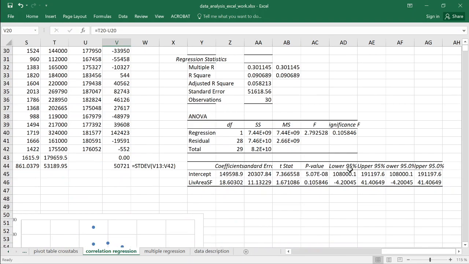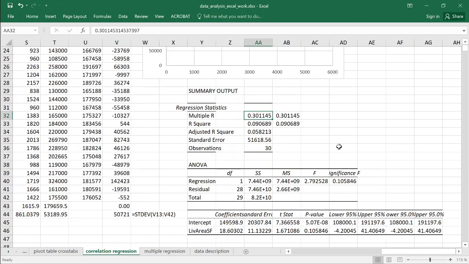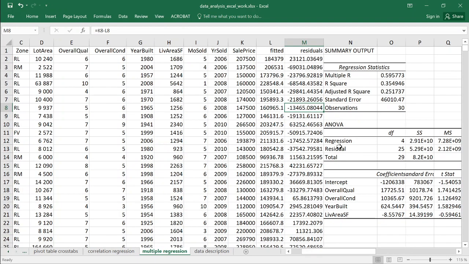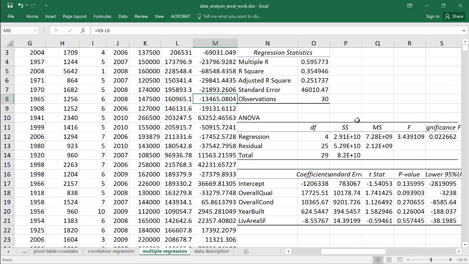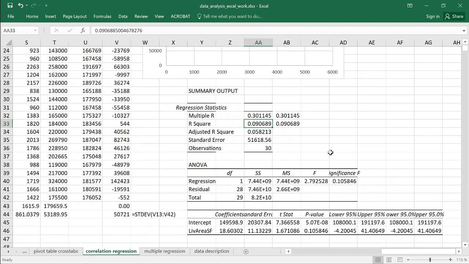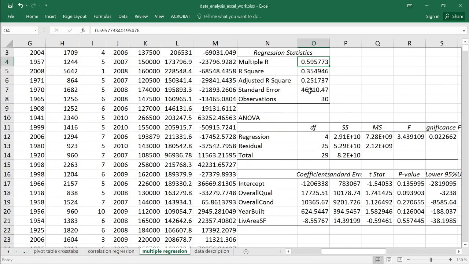In the simpler regression, for instance, we had a multiple R, which is the correlation between the fitted values and the observed values. Now this multiple R has gone up to close to 0.6. The R square has gone up from 9% to about 35%.